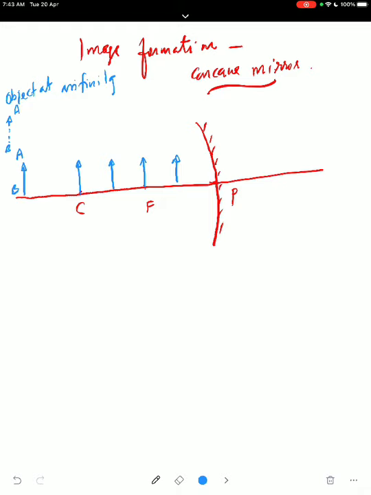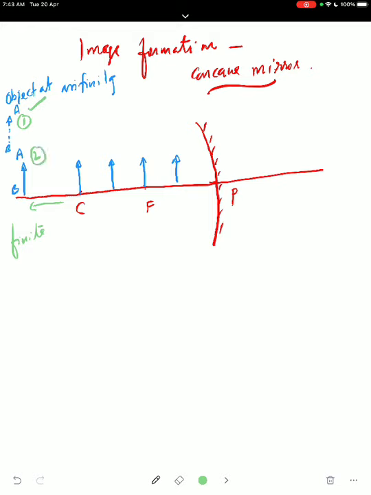You can see how many cases there are. First, the object very, very far; we say the object is at infinity. This is case number one. The next is the object at a finite distance, not very far, but beyond C. That is case 2.